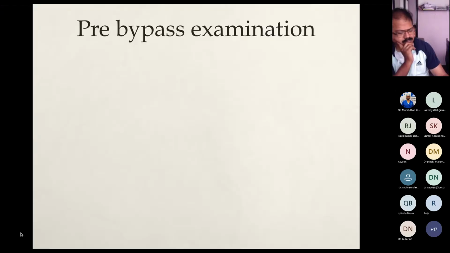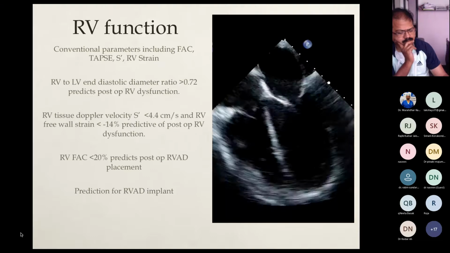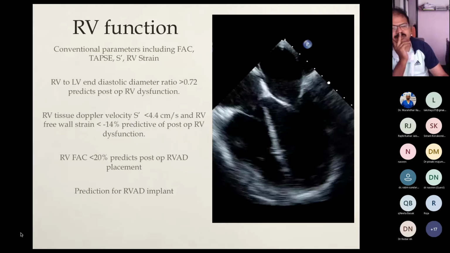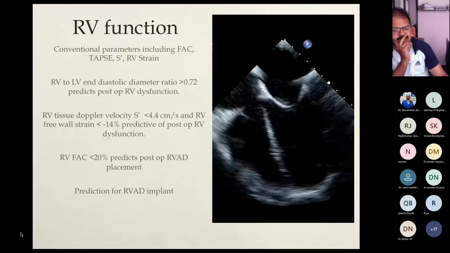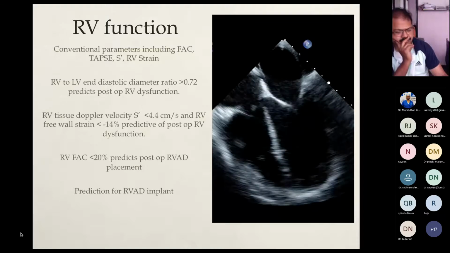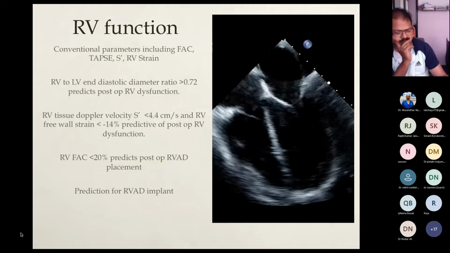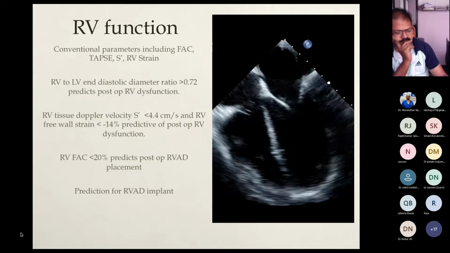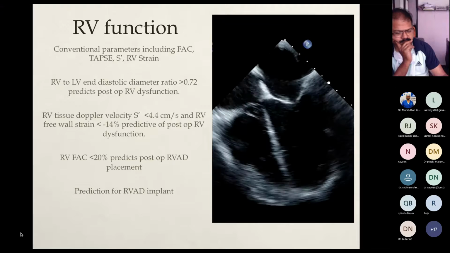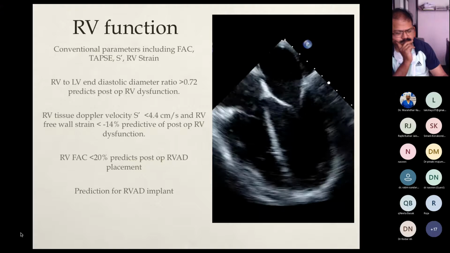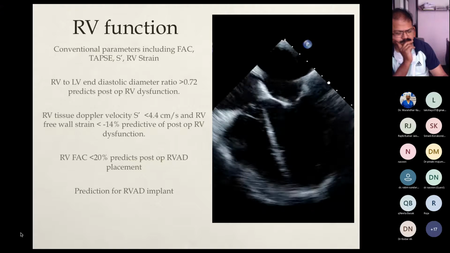Now coming to the pre-bypass examination for a patient who is going to have an LVAD. First and foremost, we need to see the RV function. For the RV function assessment, we can use conventional parameters like fractional area change, TAPSE, and tissue Doppler like S prime, and RV strain as well. It's very important to compare the end-diastolic diameter of the RV to LV.